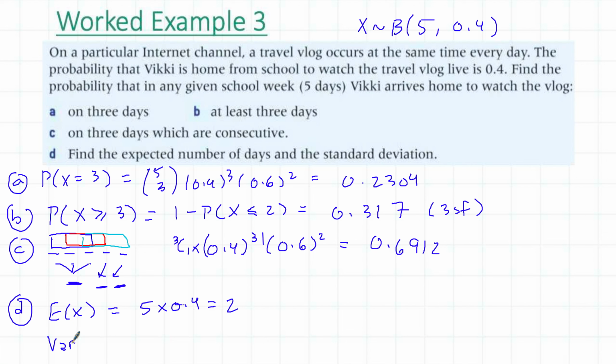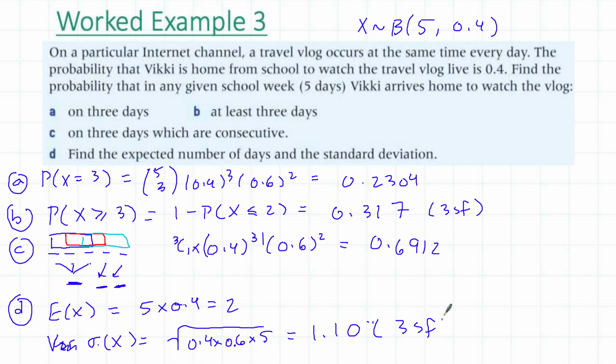And then the variance or the standard deviation will be the square root of 0.4 times 0.6 times 5. Sorry, it's going to be 1.10. That's the 3 significant figures.